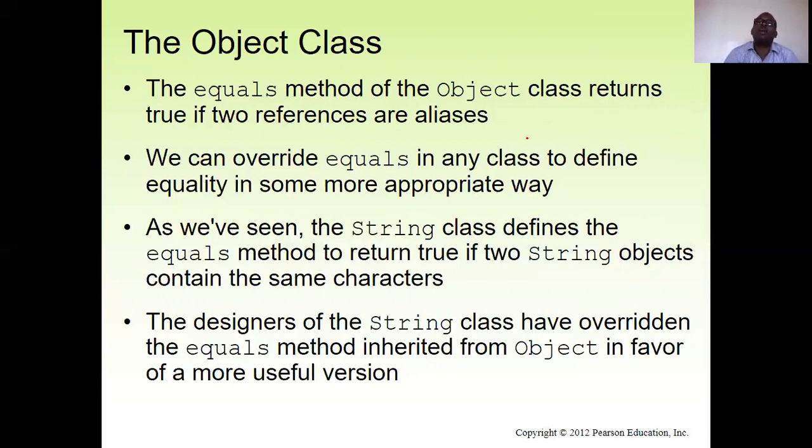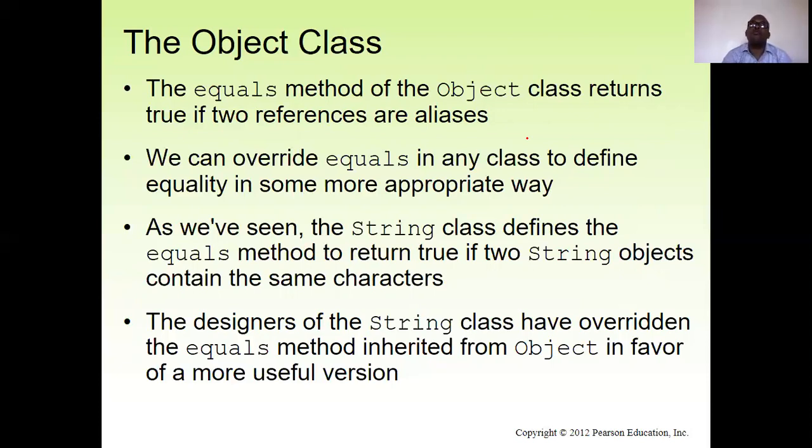Now the Object class also has an equals method. We can override that in any class to define equality in a more precise way, appropriate for the application. If we don't, then the equals method is going to return true only if the two objects are pointing to the same reference, that is, if they are aliases.